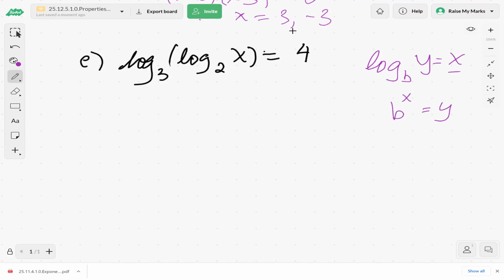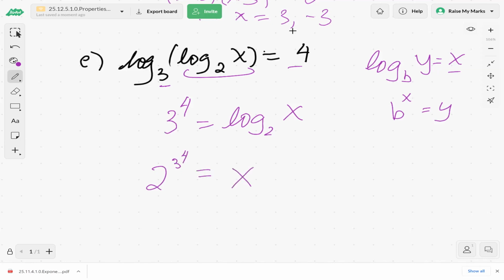All right, so let's do exactly that. What we have here is our base 3 raised to the power 4, and that equals log base 2 of x. Okay, let's apply this definition again. So we have 2 raised to the power 3 to the power 4 equals x.